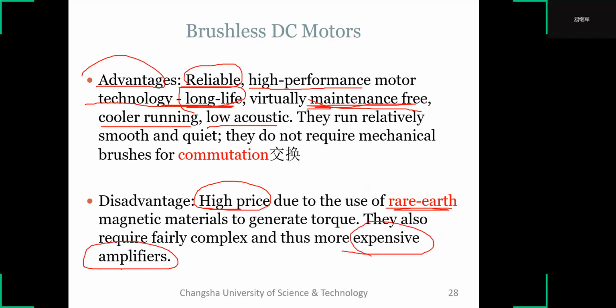In summary, the brushless DC motor has many advantages, but the disadvantage is that it is expensive.